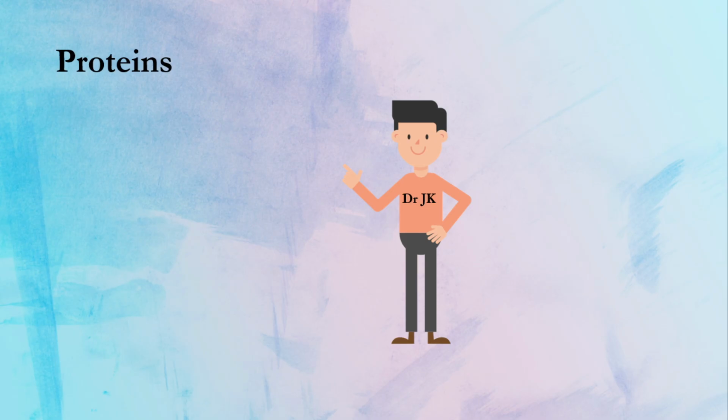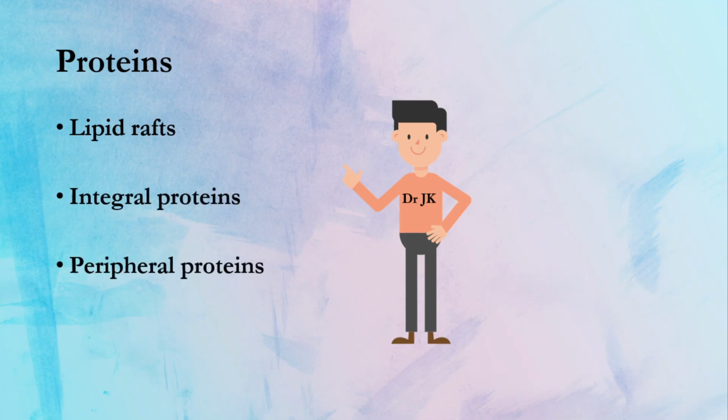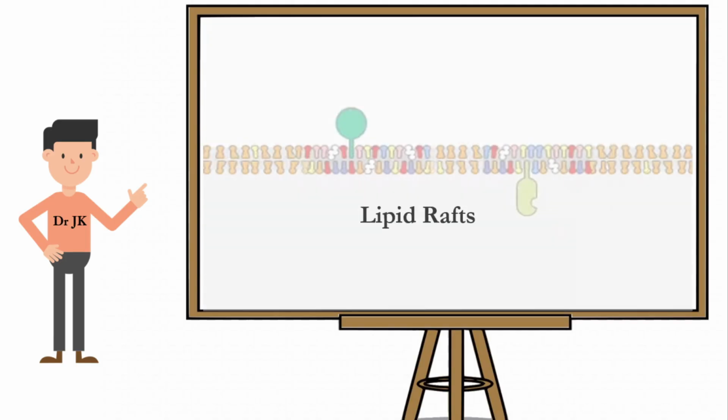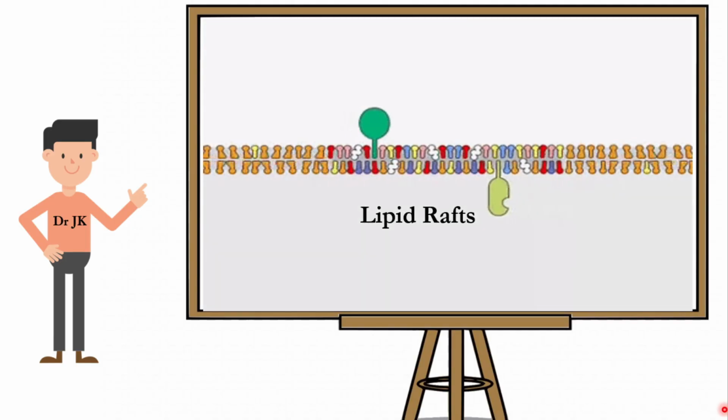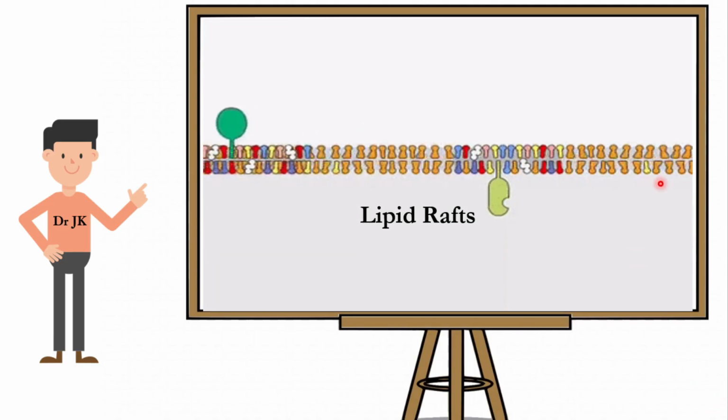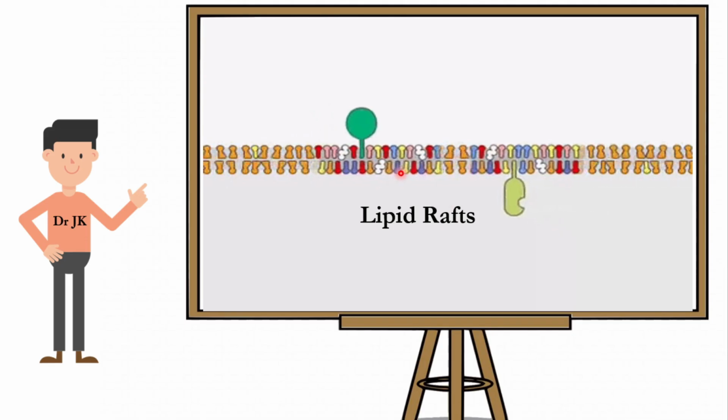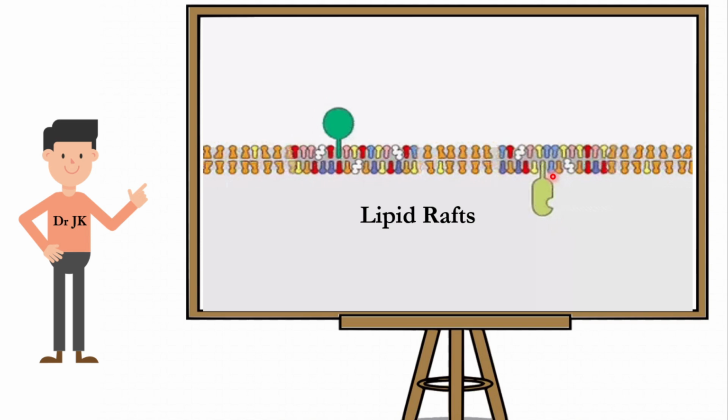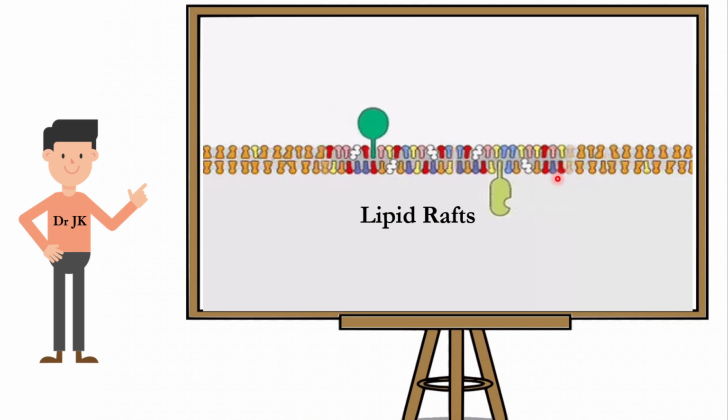To understand proteins, you should first know about lipid rafts and the different types of proteins, the integral and peripheral proteins. What are lipid rafts? Look at this picture here. You have the lipid bilayer here, and in the bilayer there is a special portion called lipid rafts. What are lipid rafts?